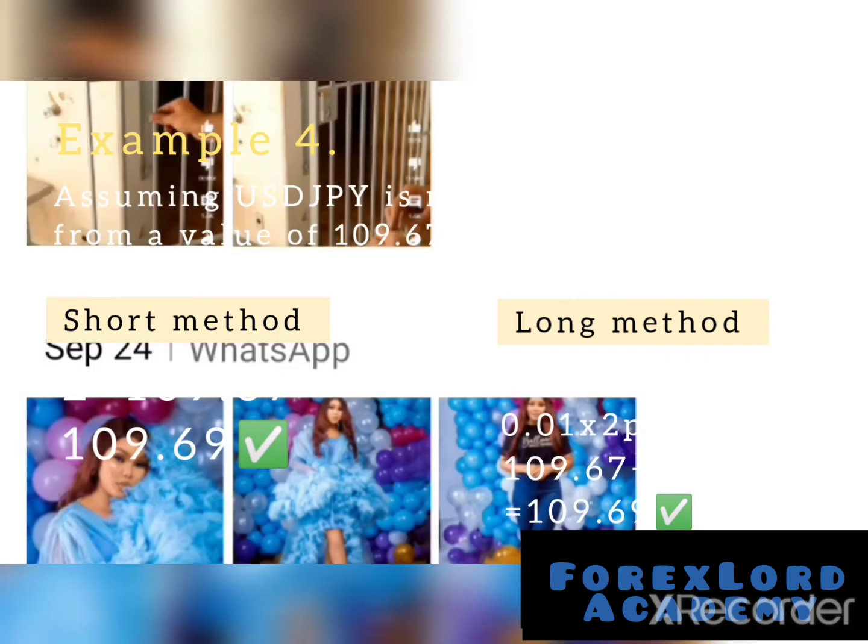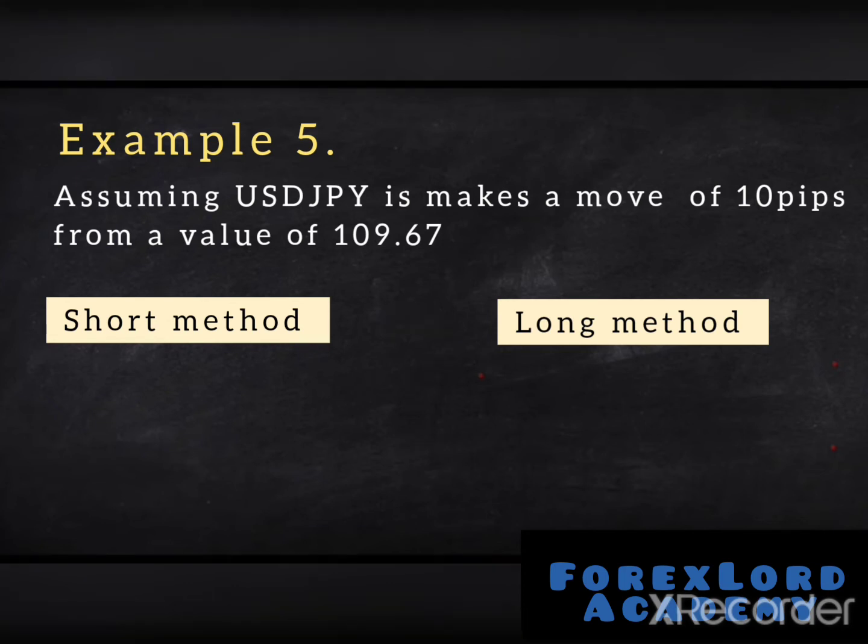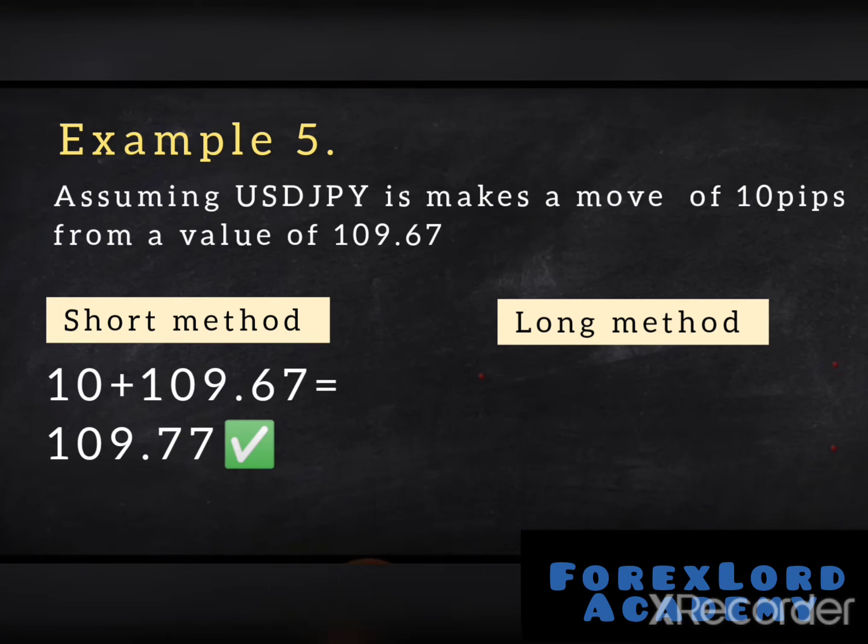Assuming USD JPY makes a move of 10 pips from a value of 109.67, what will be the new value? Simple. You made a move of 10 pips. What would you do? You add 10 to the 67, and the new value will be 109.77.